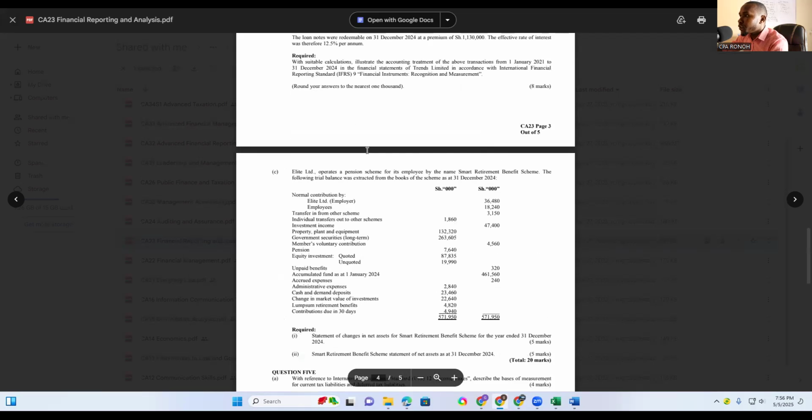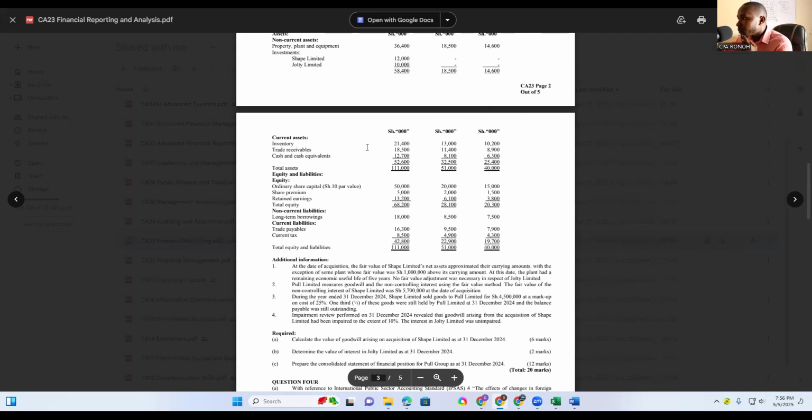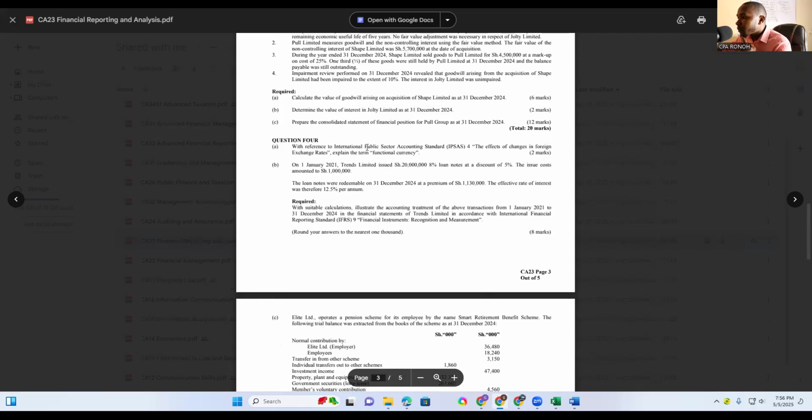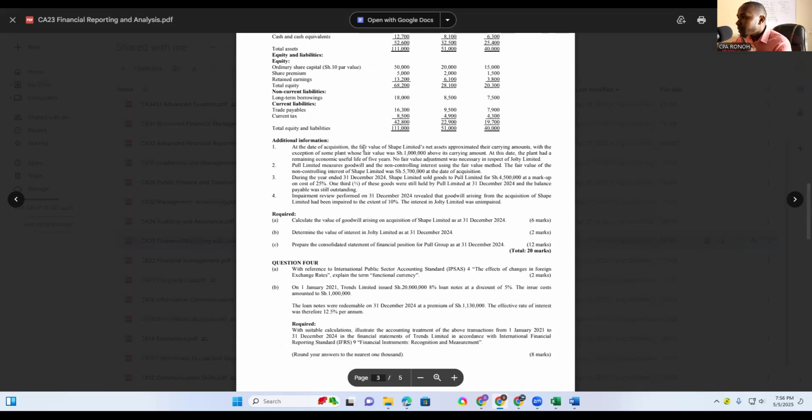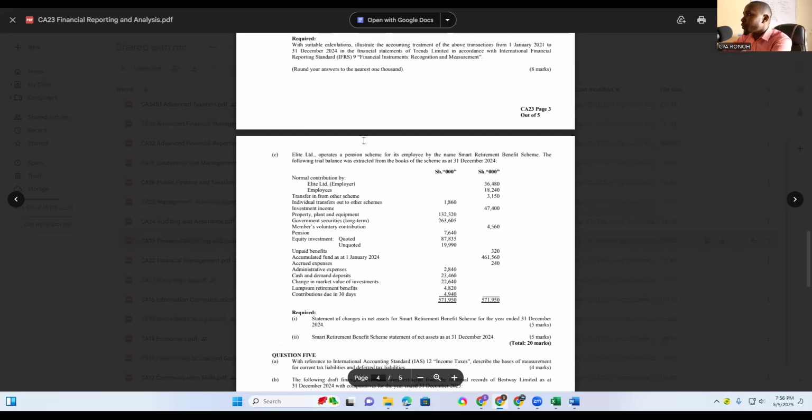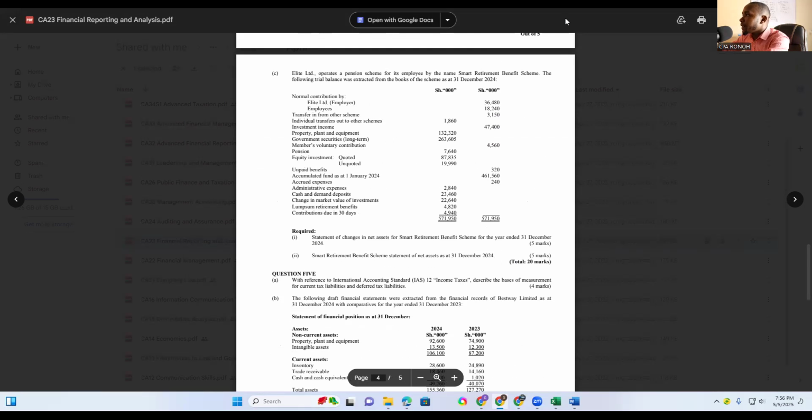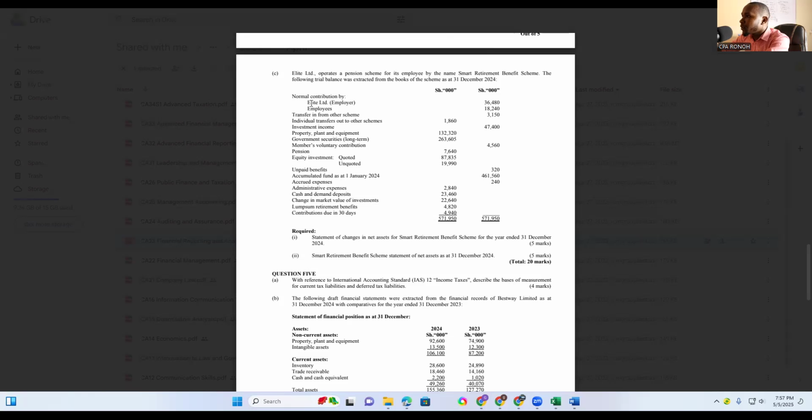The question was 4C. The examiner was asking that Elite Limited operates a pension scheme for its employees by the name Smart Retirement Benefit Scheme. The following trial balance was extracted from the books of the scheme as at 1st December 2024. So we have the normal contribution by the employer and employee.